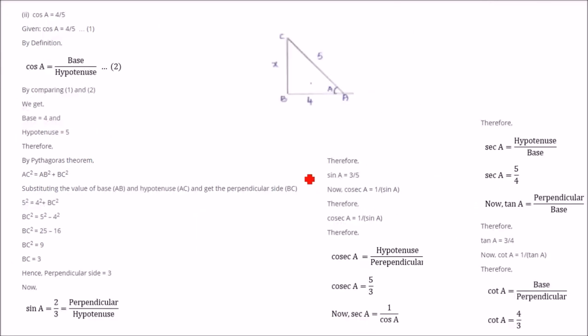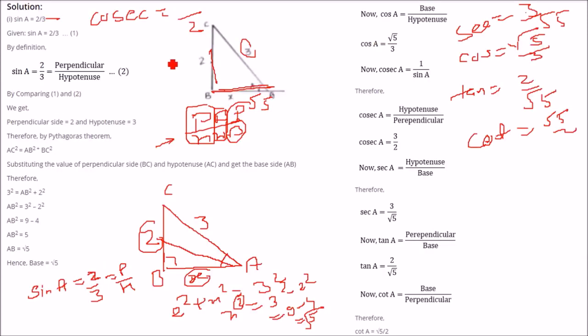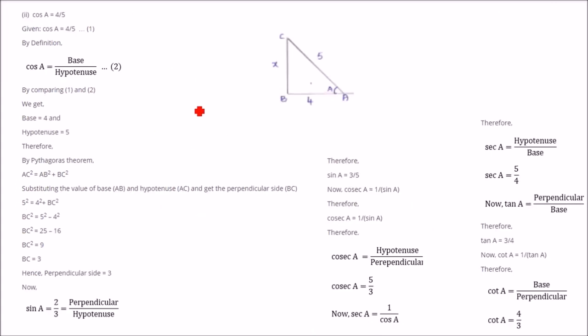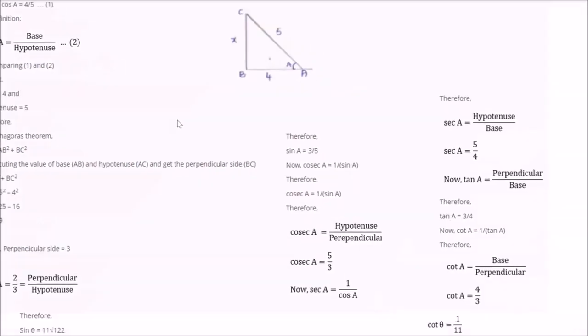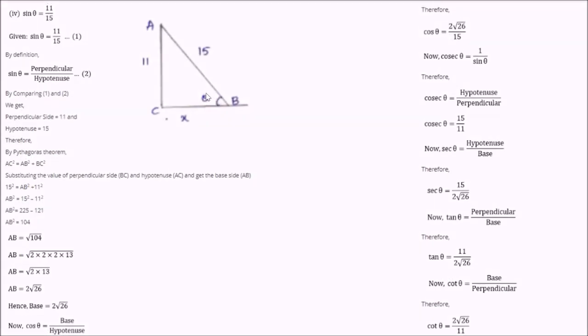So let me take one of these so that we understand better. All of these have to be solved like this. So let me take, say, cosec theta equal to under root 10. So this is the solution. If you have any problem, this is in front of you.